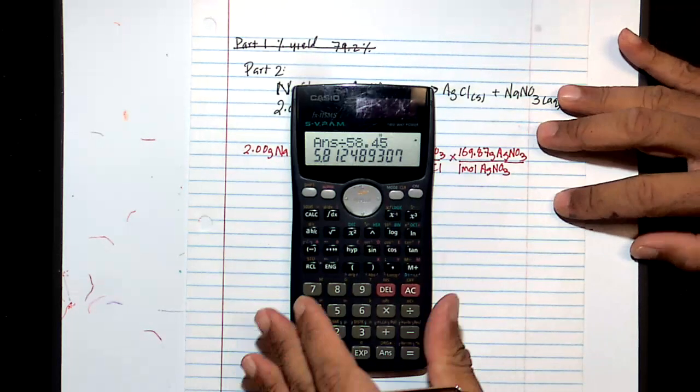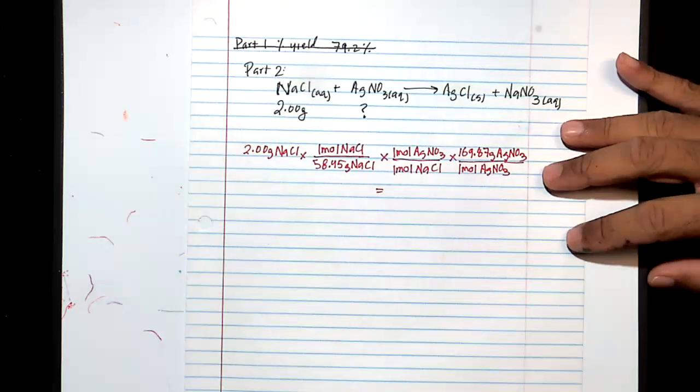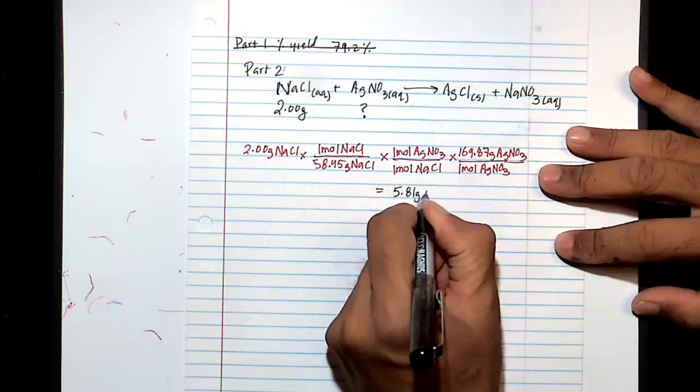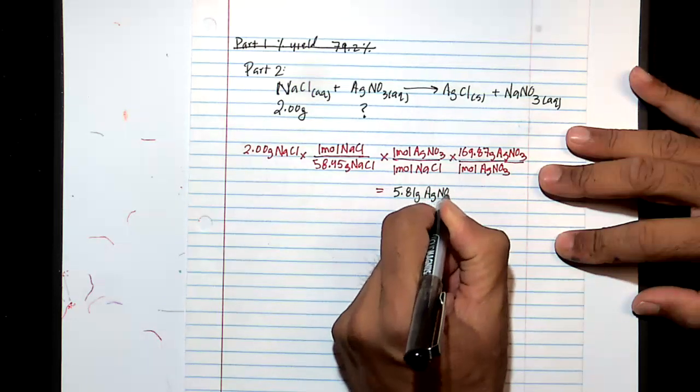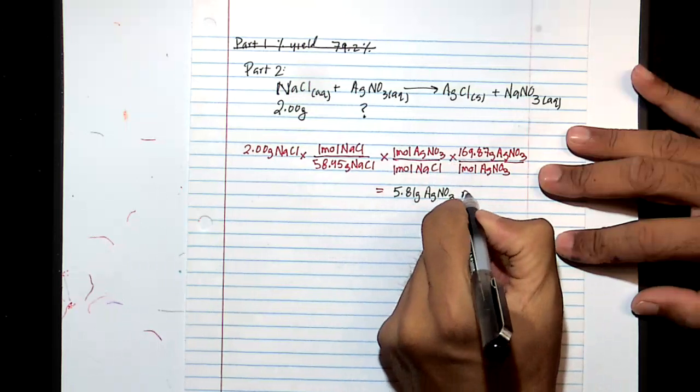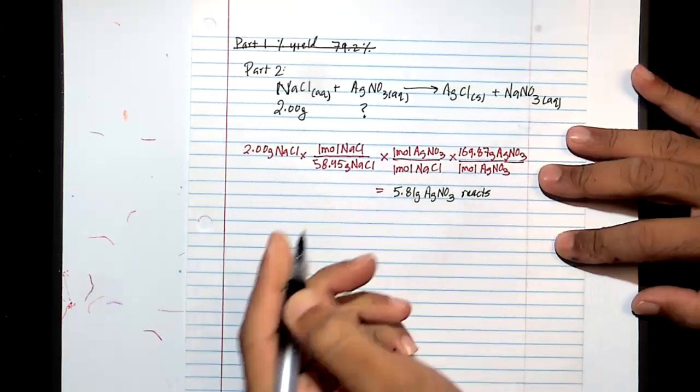I'm getting 5.81 grams of AgNO3 that reacts completely with the 2 grams of NaCl, according to stoichiometry.